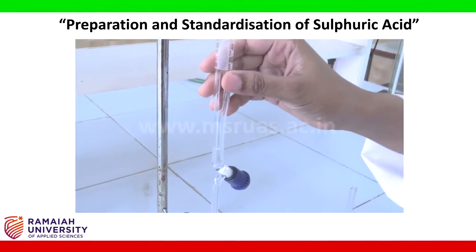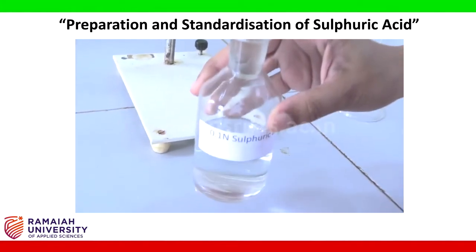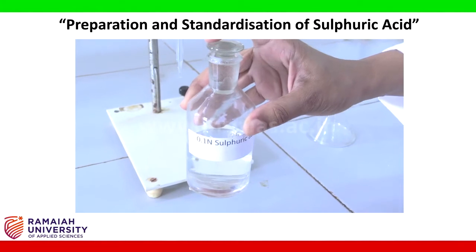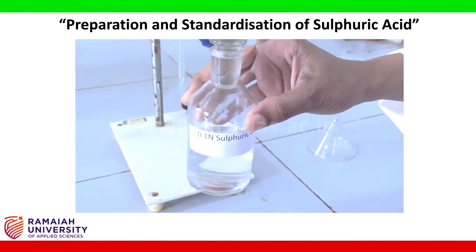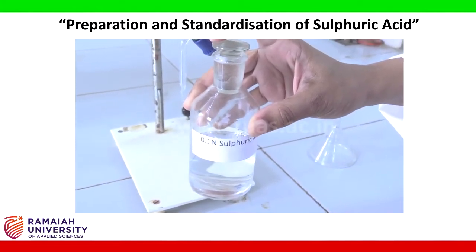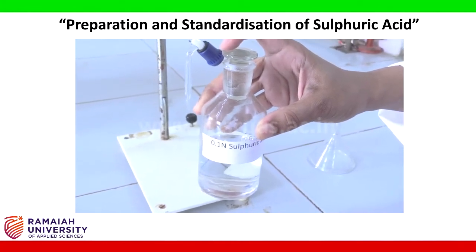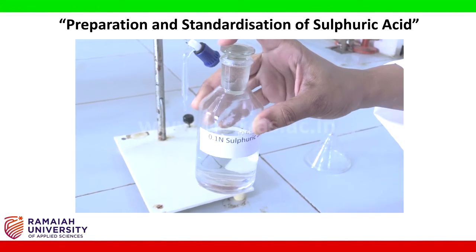Fill the burette with 0.1 normal sulphuric acid. It is prepared by carefully adding 2.77 ml of sulphuric acid and an equal volume of water is added to this, and make up to the mark, that is up to 1000 ml with distilled water.